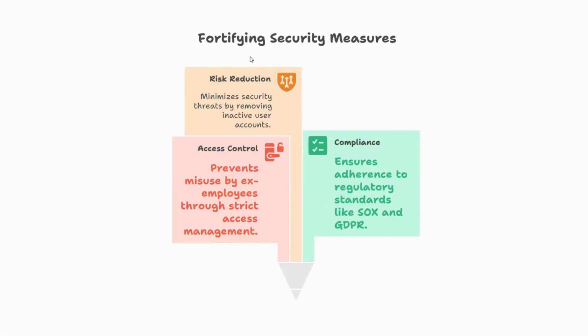Fine, so this is where you can see risk reduction working: minimizing the security threats by removing inactive user accounts, preventing misuse by ex-employees through strict access management, and ensuring adherence to regulatory standards like SOX and GDPR.